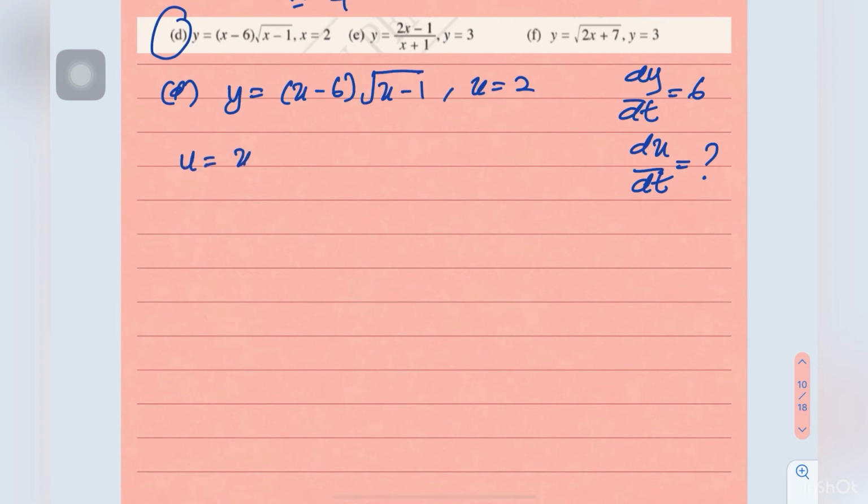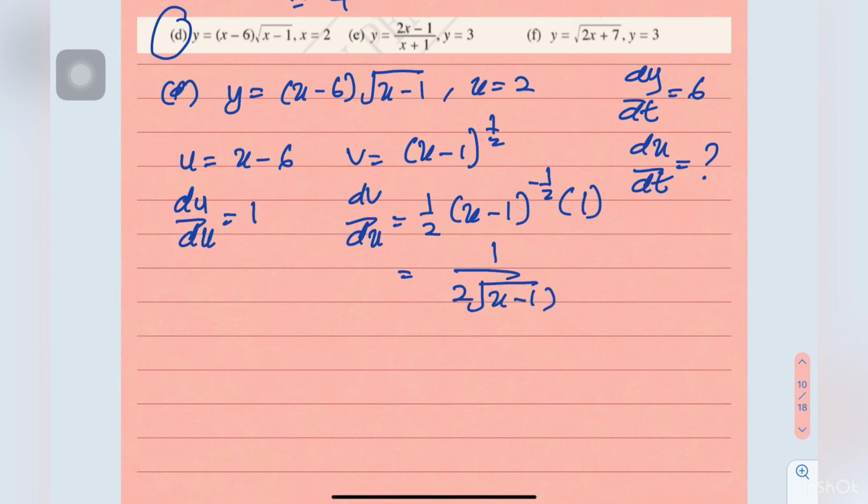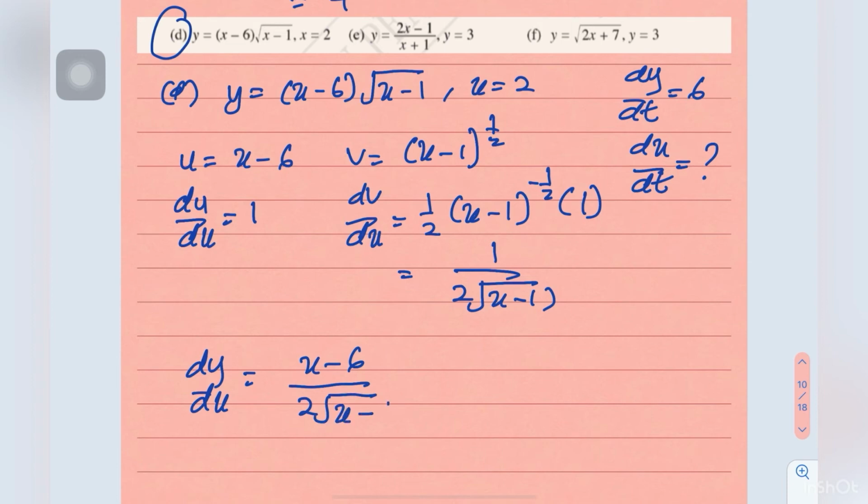So u equals x minus 6, du/dx is 1. v is x minus 1 to the power of half, so dv/dx is 1 over 2 times x minus 1 to the power of negative 1/2, times 1. So this one becomes 1 over 2 square root of x minus 1. So dy/dx is u dv/dx, so x minus 6 over 2 square root of x minus 1, plus v du/dx, so square root of x minus 1 times 1.